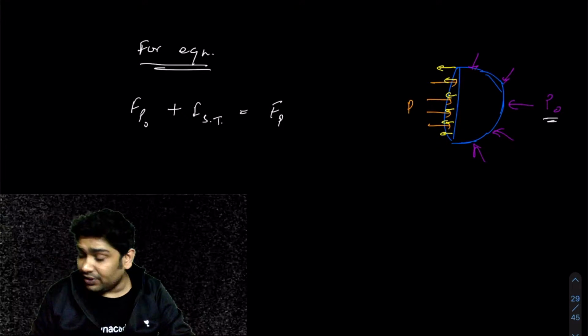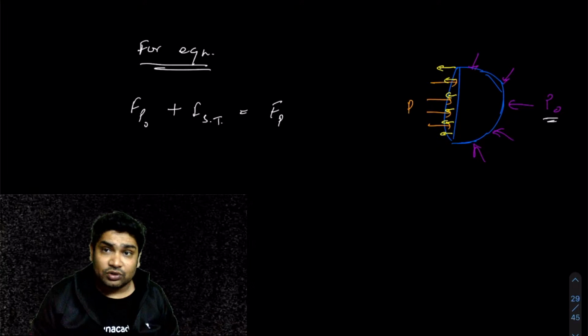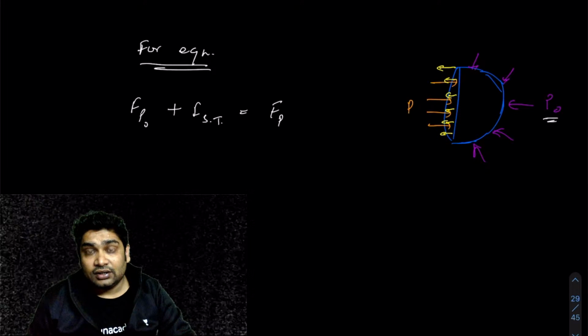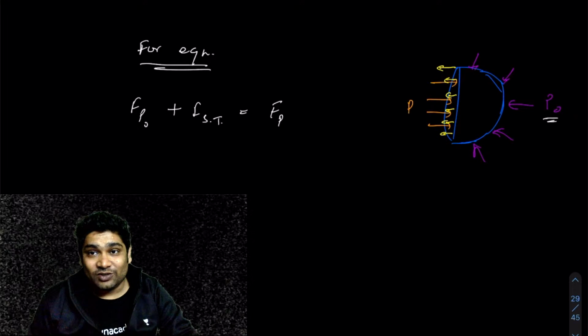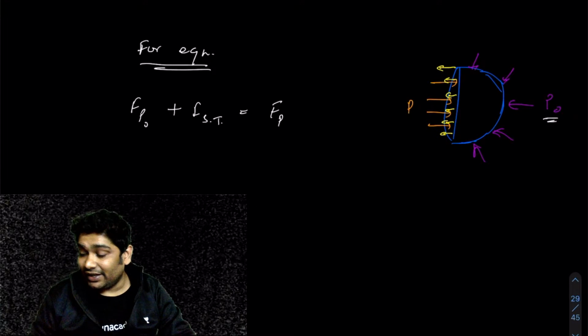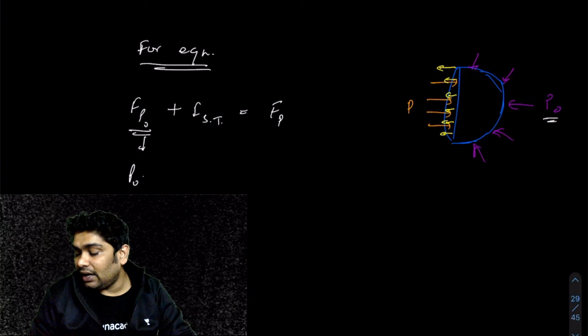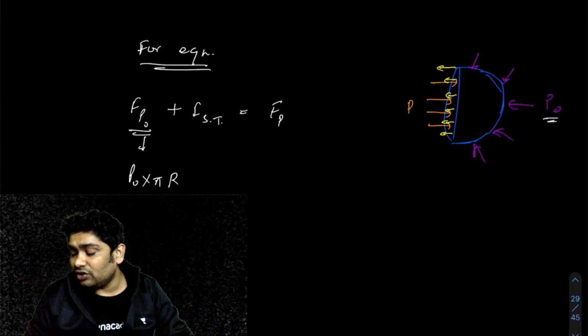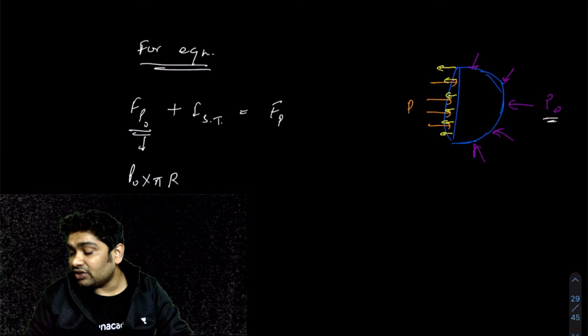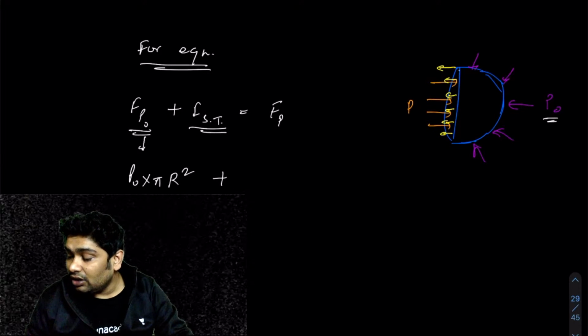Now what is the force due to P naught? P naught is a uniform pressure. Uniform pressure force is always equal to pressure into the projected area. So this term becomes P naught into pi r square, where r is the radius of the drop, plus the force of surface tension. Surface tension is acting along this length.